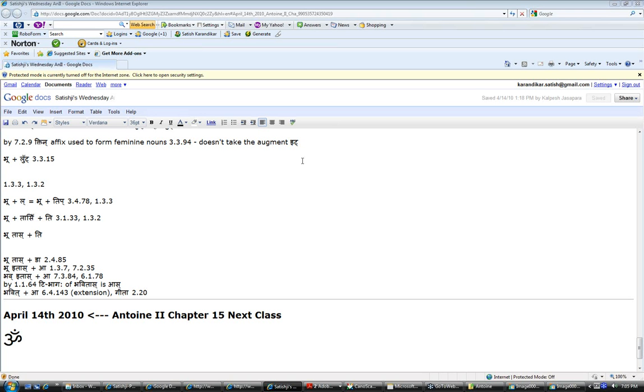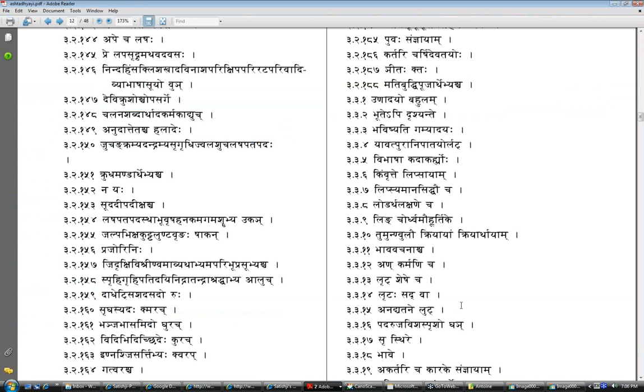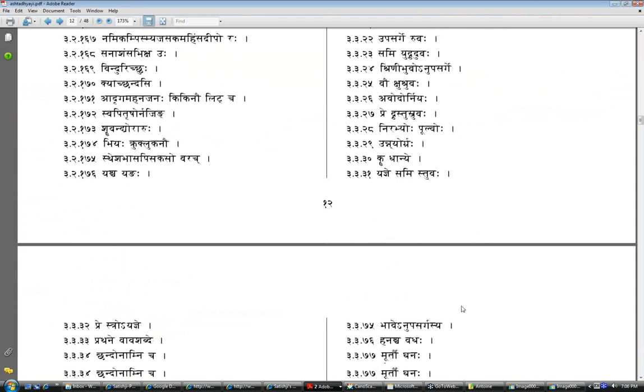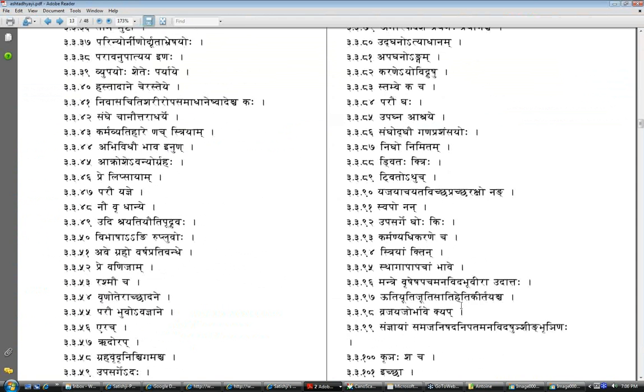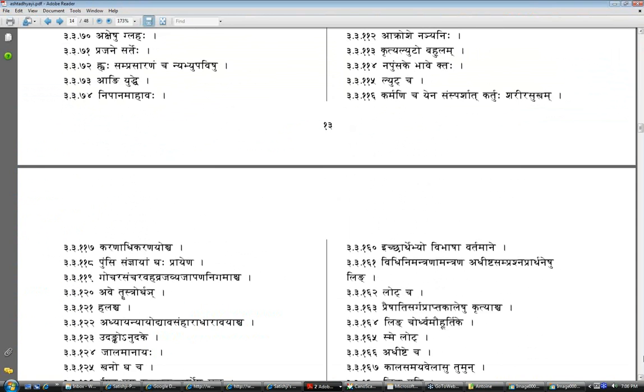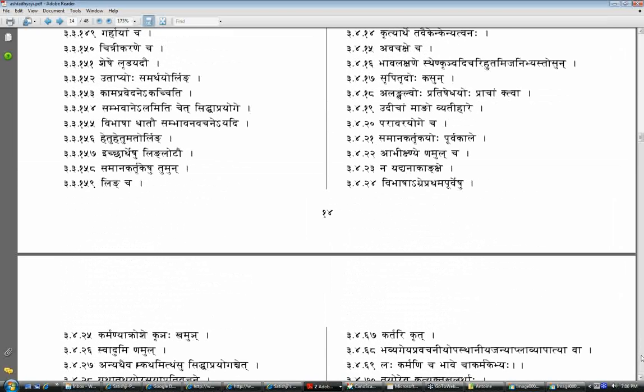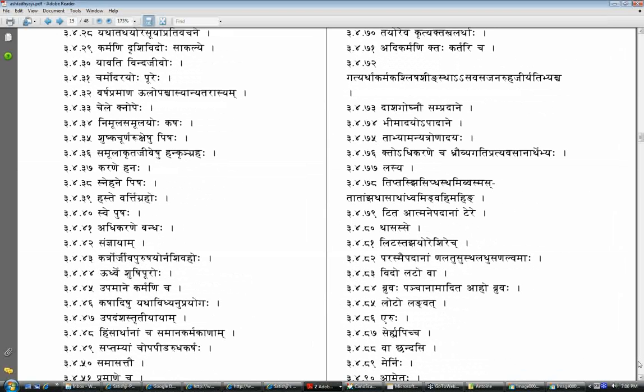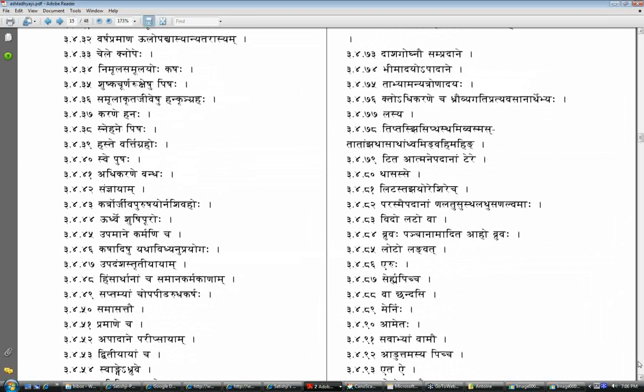As you mentioned, one more time to refresh your memory, the moment you see that t as an it in the lakara, there are some rules in 3.4 which tell you what to do, because it says tita atmanepadanam terethe and thasas se. These two sutras should always be kept ready and applied whenever the lakara has t as an it.